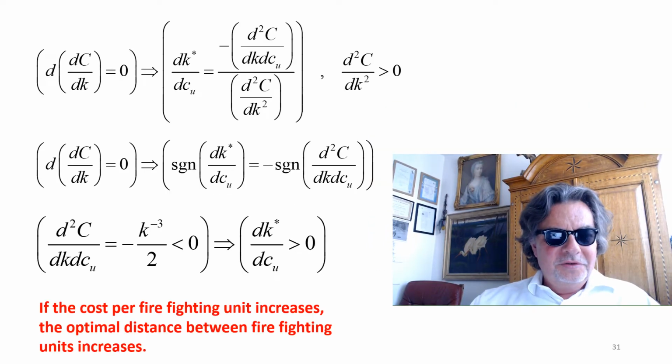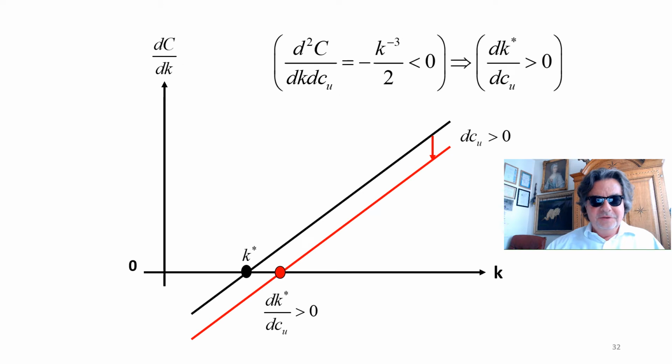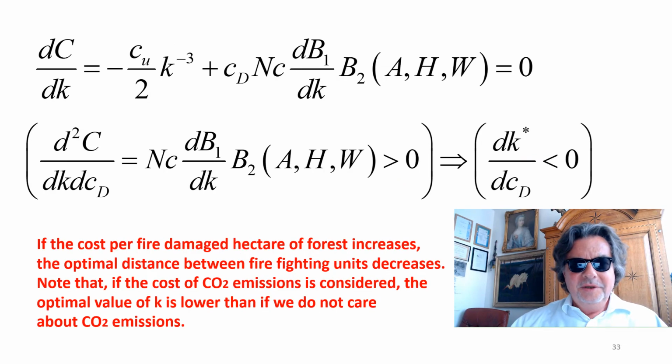In these derivations we get the conclusion that if the cost per firefighting unit increases, the optimal distance between firefighting units increases. And this can also be seen graphically. In the same way, we can derive the following result.